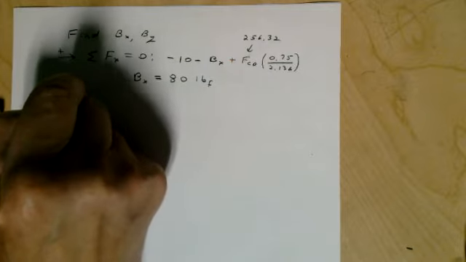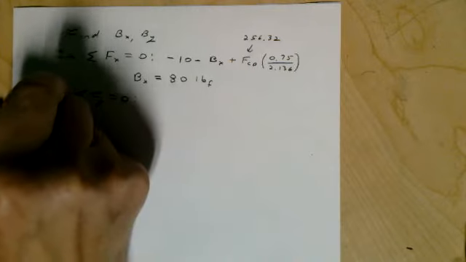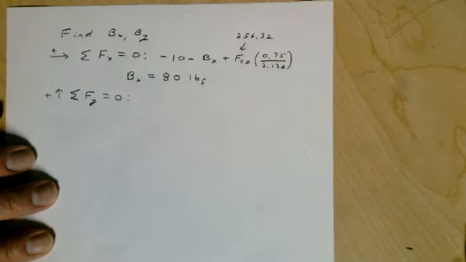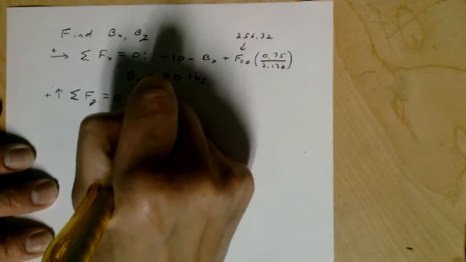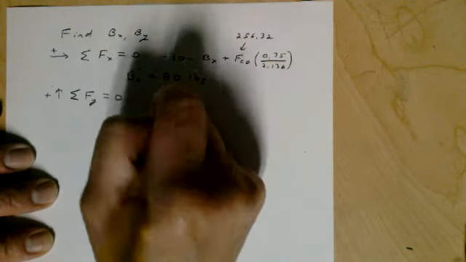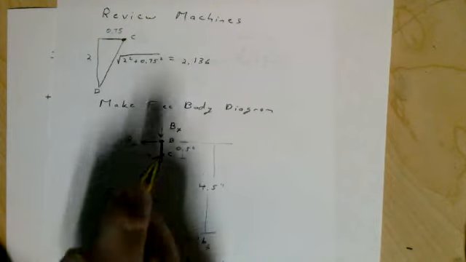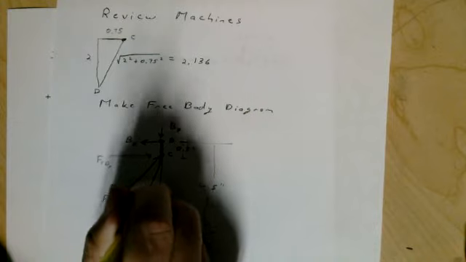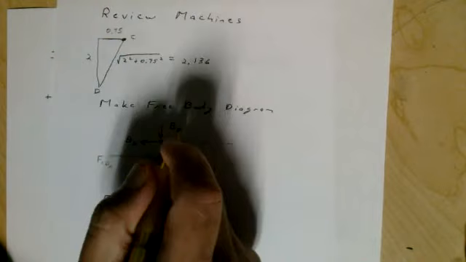Then sum the force in the Y direction. And so we're going to have negative BY. And then now, once again, this time, the Y component is relevant because we're summing in the Y direction. So we're going to have to find the component of this FCD in the Y direction.